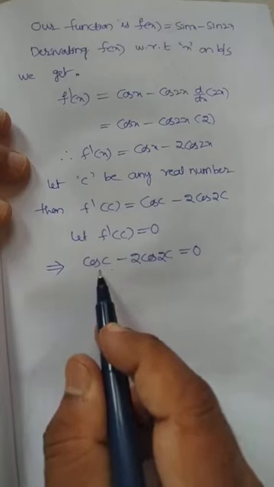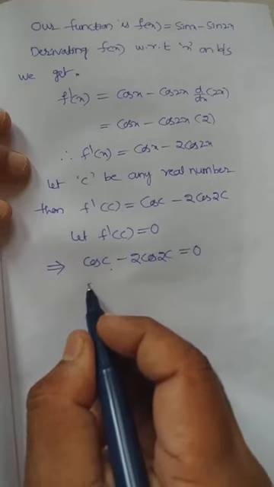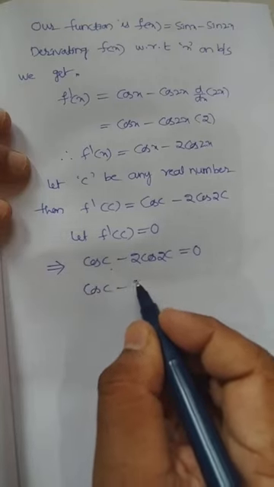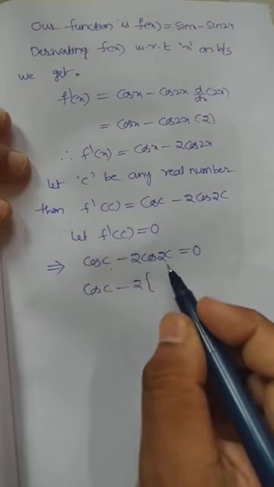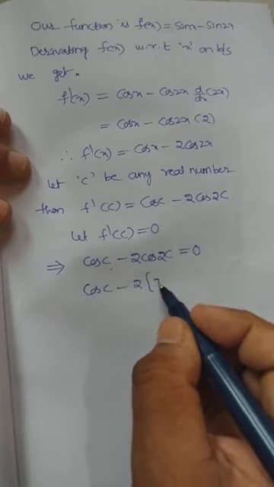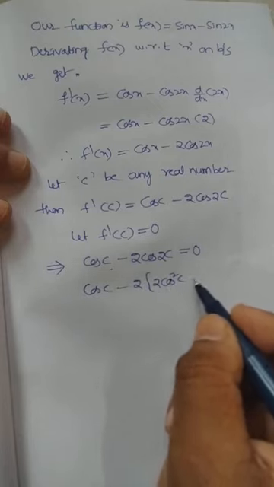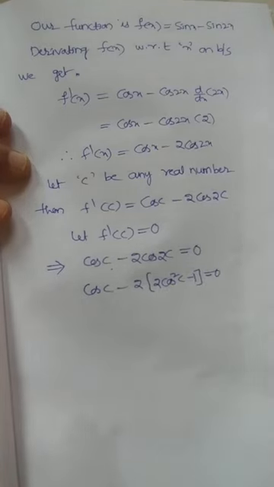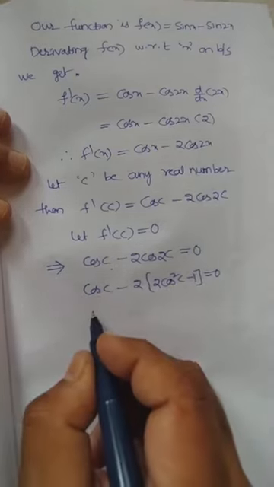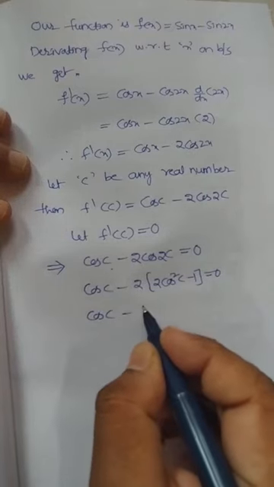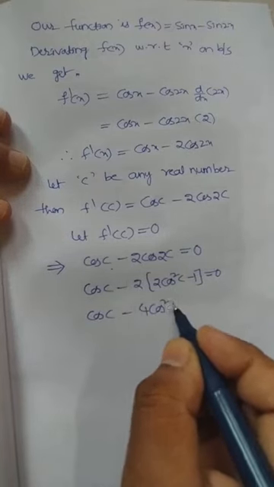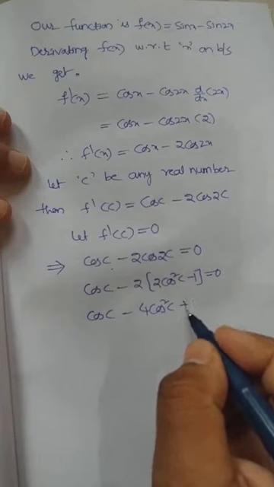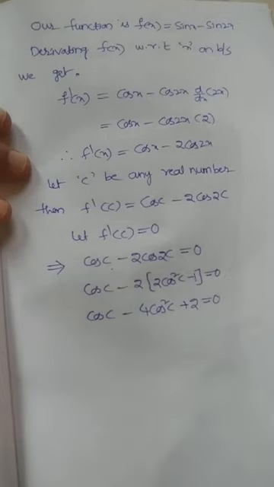For that I am going to simplify this equation as follows: cos c minus 2 into cos 2c, where cos 2c is 2 cos square c minus 1, is equal to 0. It implies cos c minus 4 cos square c plus 2 is equal to 0.